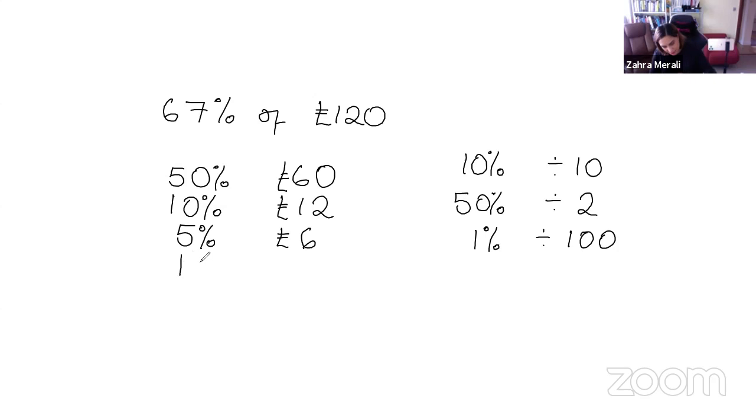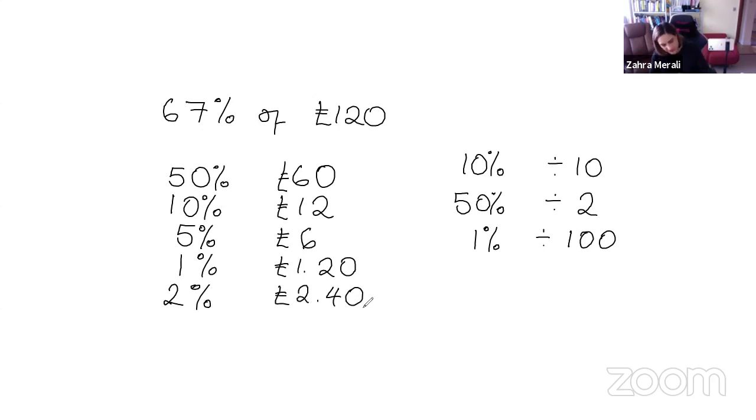So let's say we went to 1%, which was £1.20, because the decimal place moves there. So it moves 1 more because we've divided by 10. And that means 2% would be £2.40.